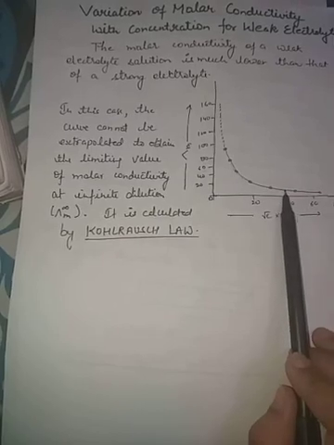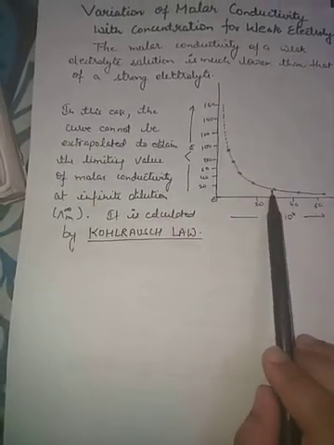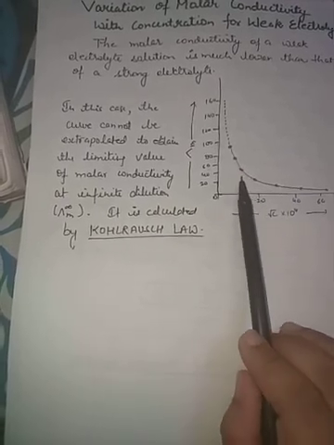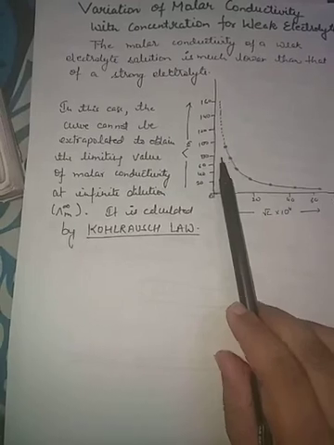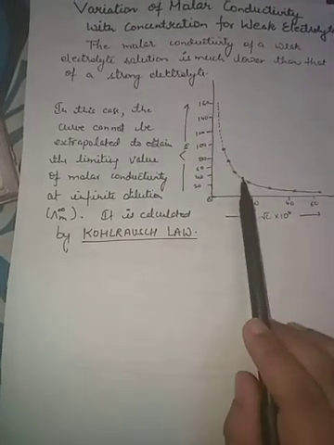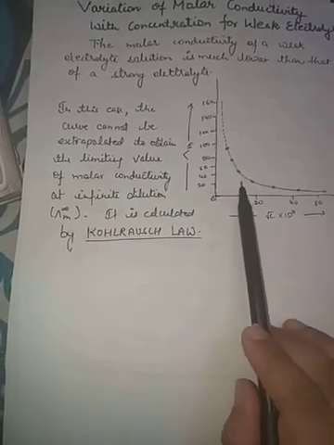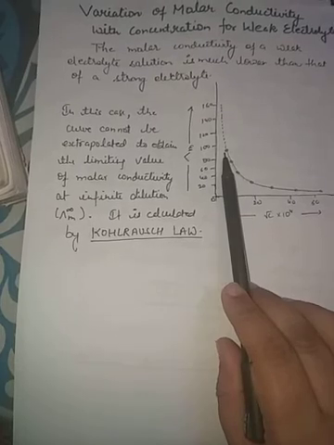But when the solution of the weak electrolyte was diluted, the number of ions became more, or the molecules which were not dissociating earlier also got dissociated, and there was a sudden rise in the molar conductivity of the weak electrolyte.